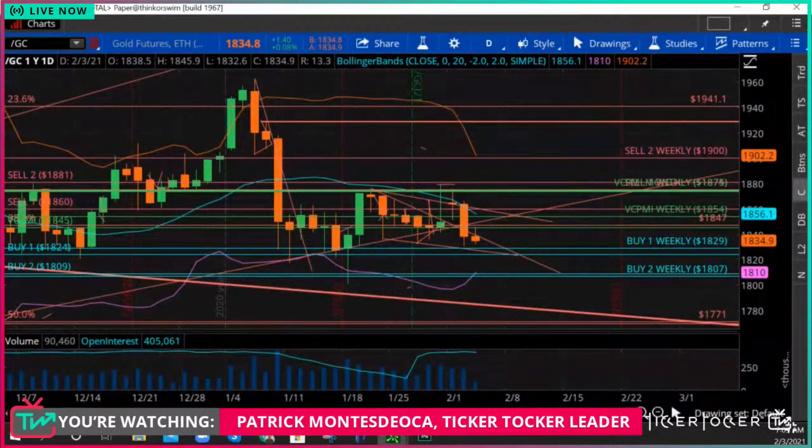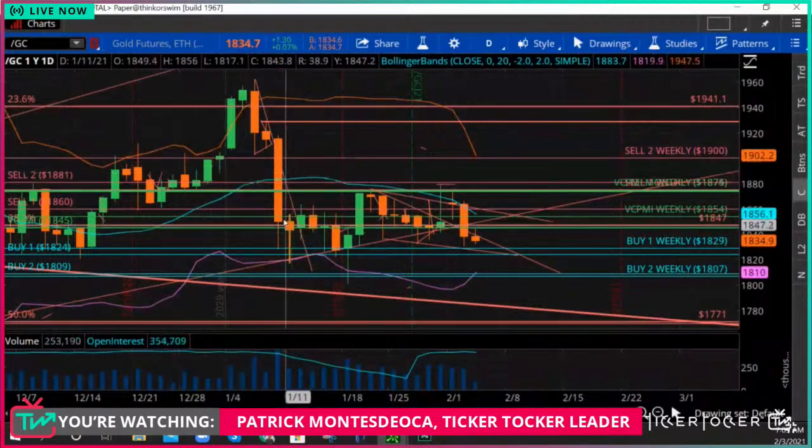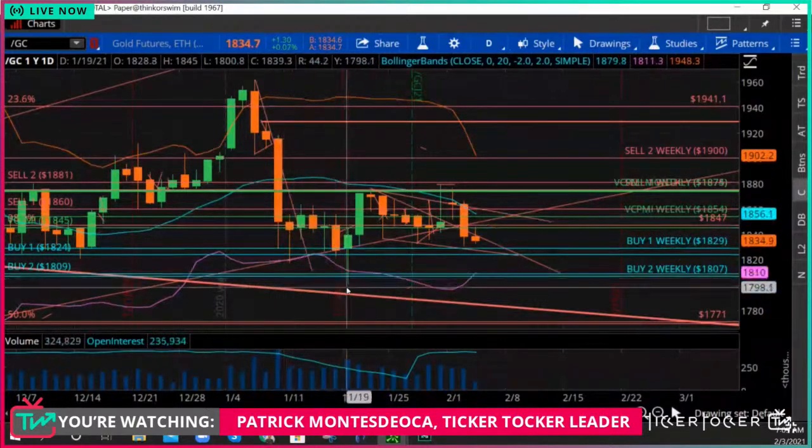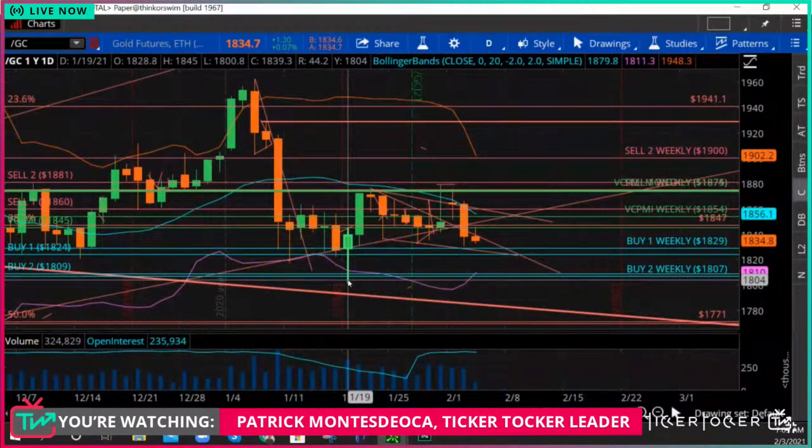It's a significant increase in volatility. It came down right into the buy 1 and buy 2 weekly. The 1810 is the annual average for this year.